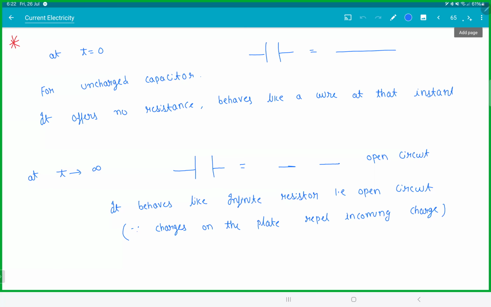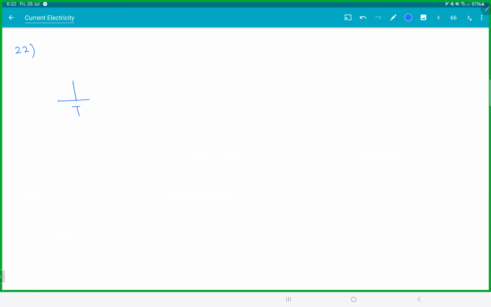Let's see a question. So V, C, R, 2R, R, and C. This is a switch.